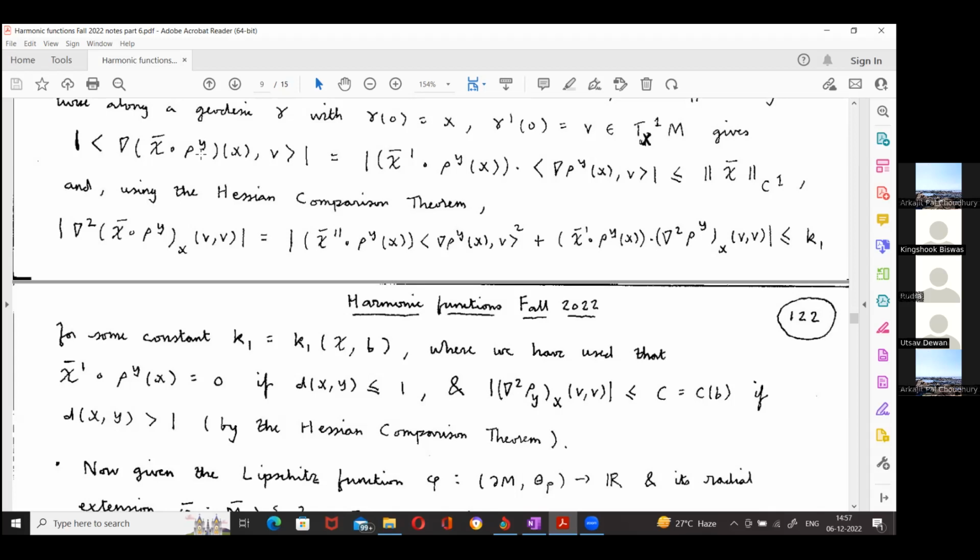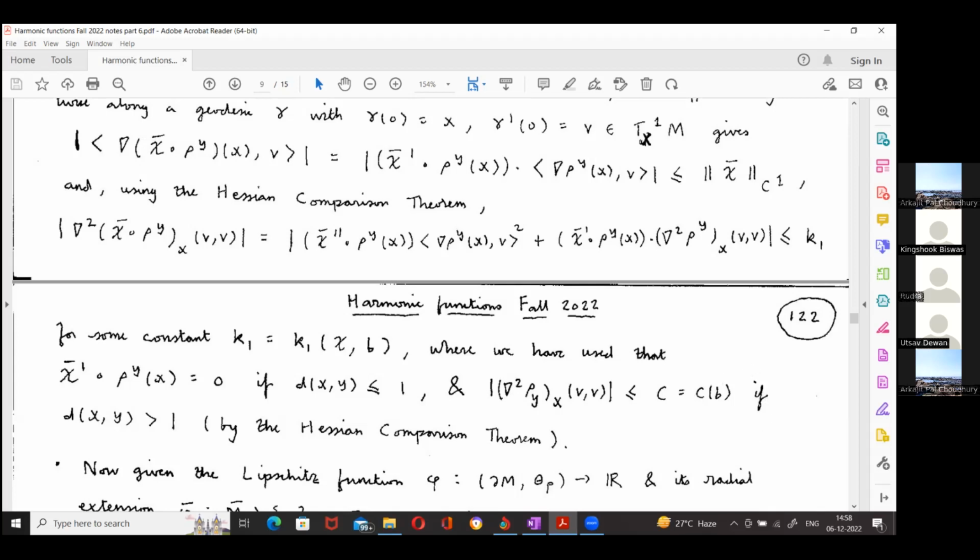You see, y was any point in the space. So this is actually not just one function. It is a family of functions, right? So we're getting that for this whole family of functions indexed by points y in the space, all of their gradients and Hessians are uniformly bounded on the whole space. Is this clear?